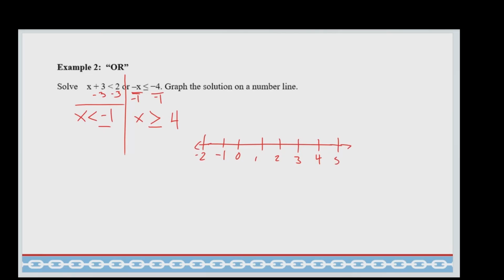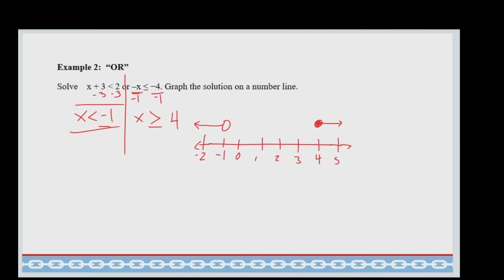So x less than negative 1: I graph that with an open circle because it's less than. And then I'm going to graph x greater than or equal to 4, so a solid circle, going greater than.